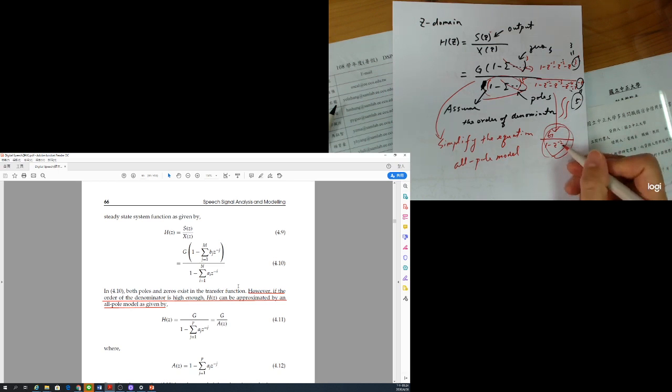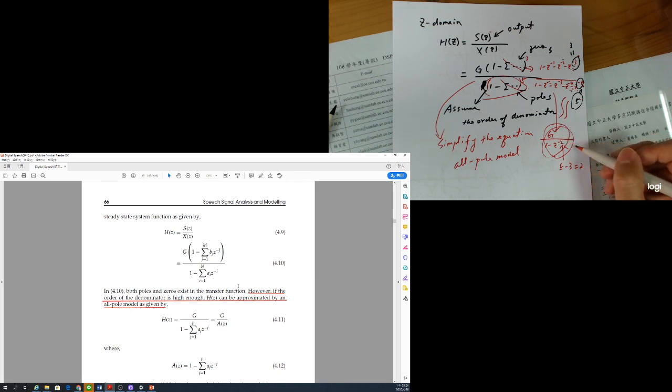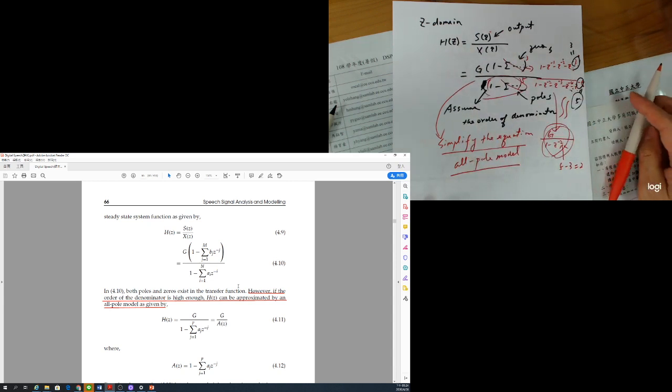This 2 will be 5 minus 3, because in the original, the numerator has order 3 and the denominator has order 5. We assume the equation can be approximated and terms deleted, and then the denominator becomes order 2. We simplify the equation and assume our transfer function is an all-pole model.